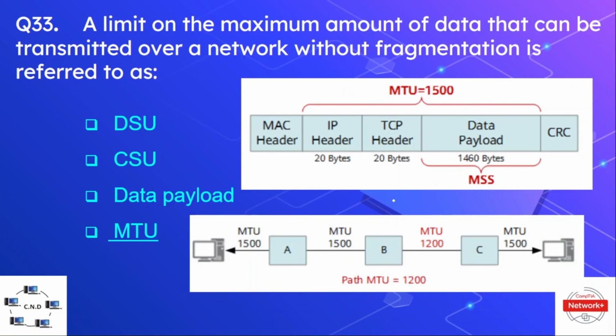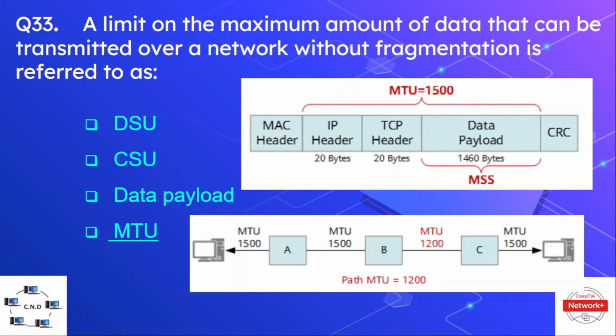Another thing, let me show this for your learning. Suppose we have two nodes, system 1 and system 2, communicating over a network, and in the network we have different routers, say router A, B and C. Suppose at the interfaces of A and B the MTU supported is 1500, but between B and C the permissible MTU size is 1200.